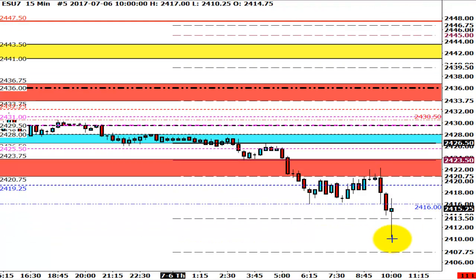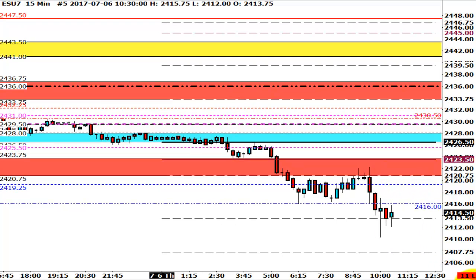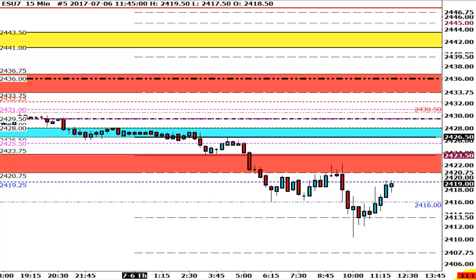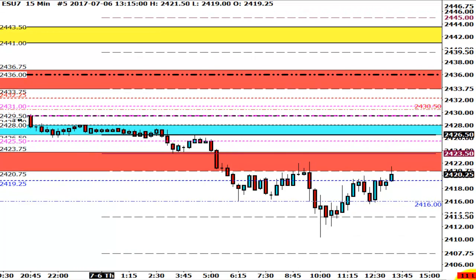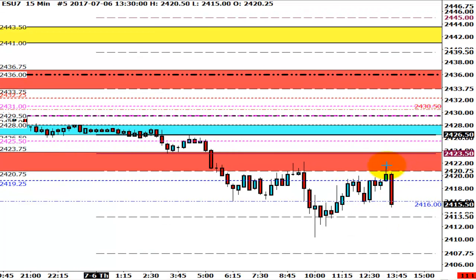Dropped down pretty well, managed to get through this point of interest, but not quite to this lower one down here before we turned back up and proceeded to try to push higher. But what really gets interesting is this candle right here. We pushed right back up, not in a straight line, but we did push back up.